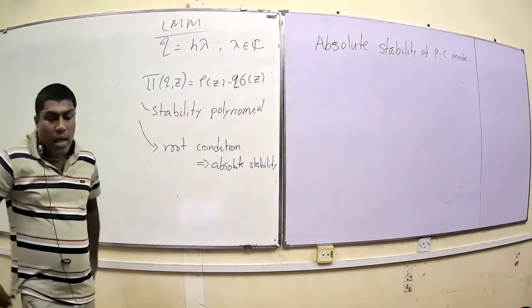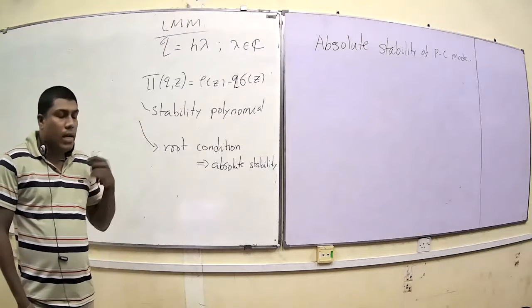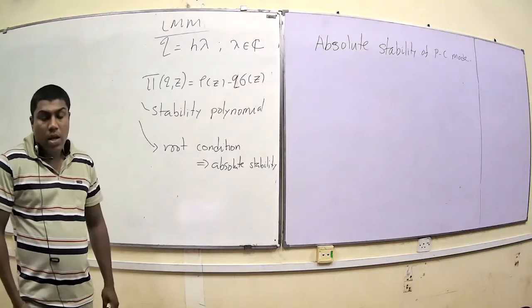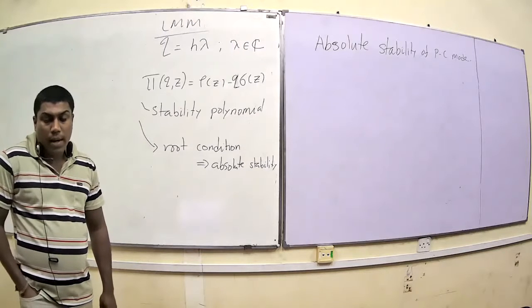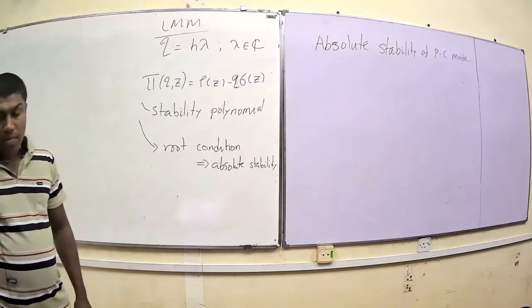You know that they are all linear multi-step methods. Basically, it is a combination of two linear multi-step methods, right?